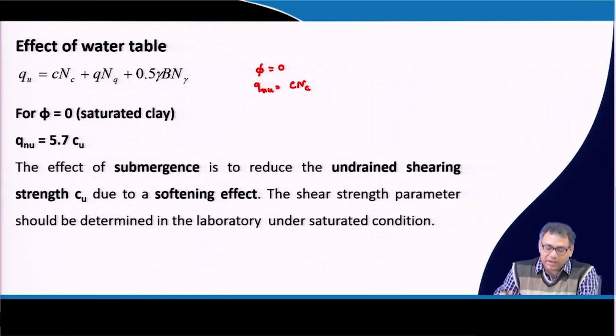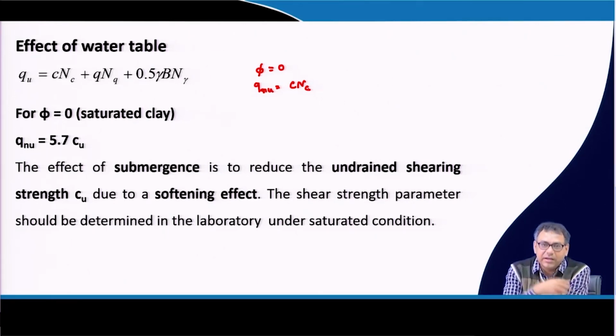Then how will the water table make an impact on this value? The water table position may change the cohesion value also, because if the soil is submerged, it reduces the undrained shear strength of the soil due to the softening effect.